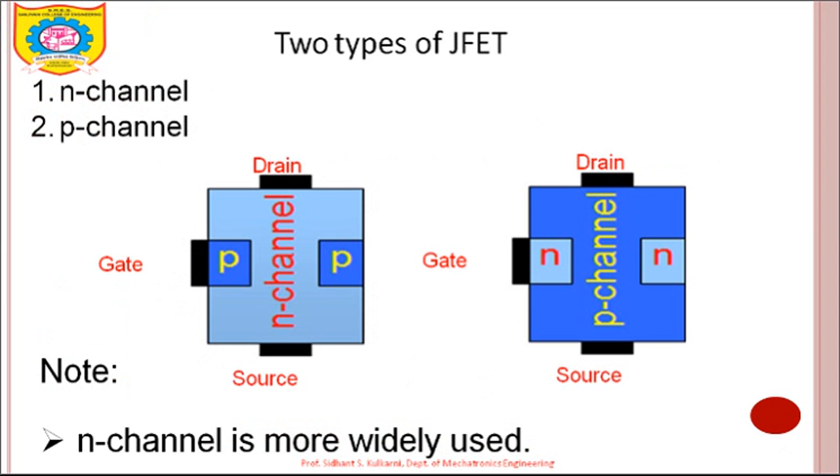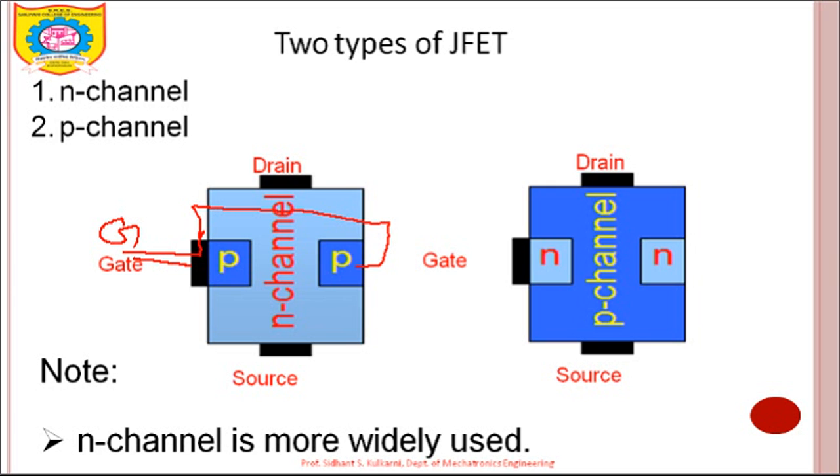So here, as there are three terminals, one is the gate. Let's say it is an N channel device. N channel means this is a channel, and the channel is actually the way through which charge carriers flow. Gate is the controlling terminal. There are two P type semiconductor regions which are internally connected, and one terminal is drawn, named gate.